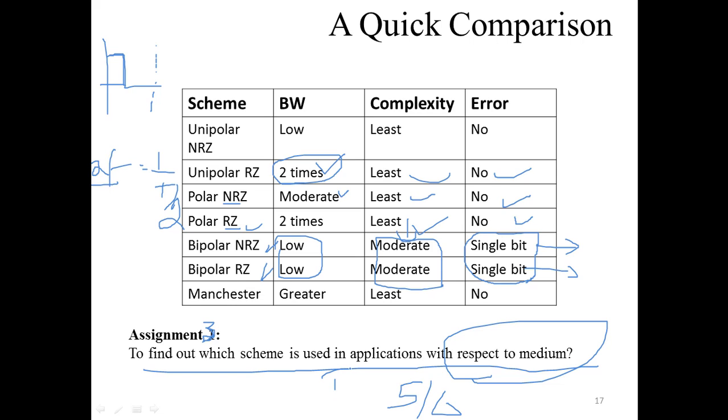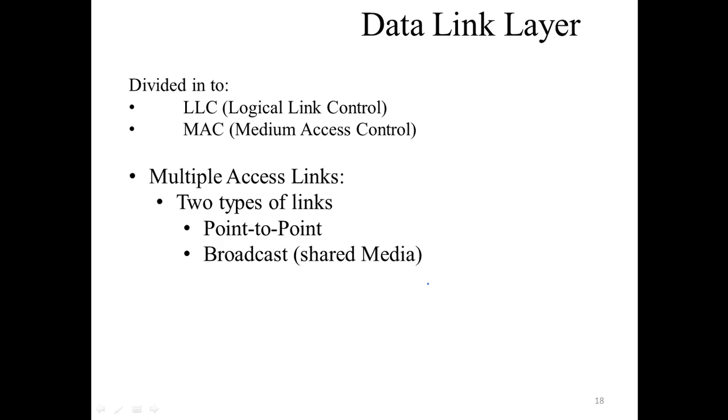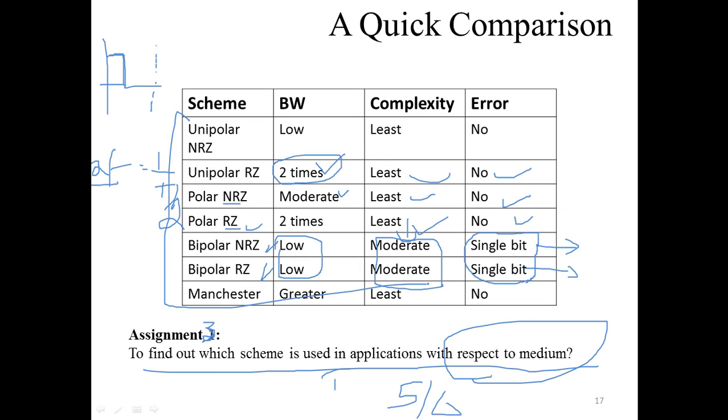Now you just have to answer which technique is used in which kind of medium. This is your assignment, and I hope you will be able to solve it by combining the previous lectures' information and today's lecture information. I will be very happy if you solve this assignment as soon as possible.